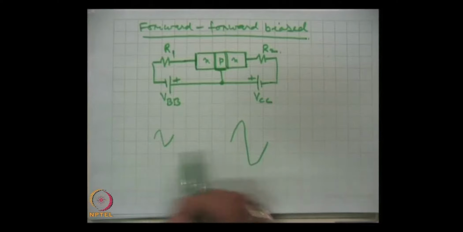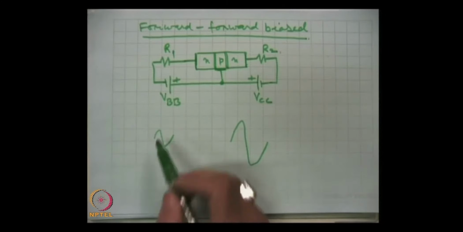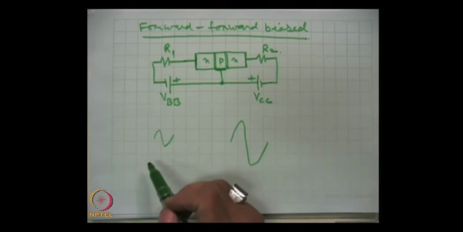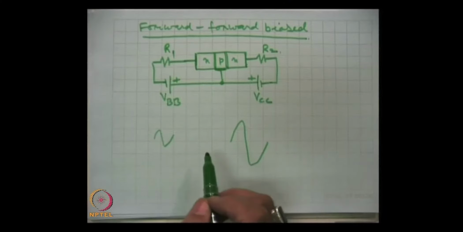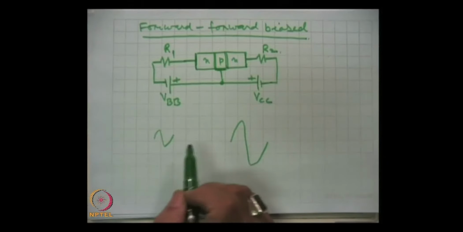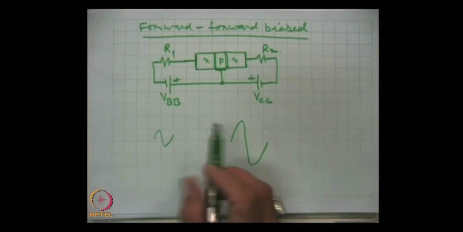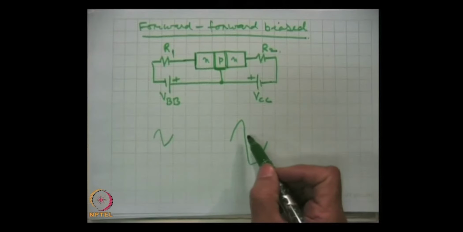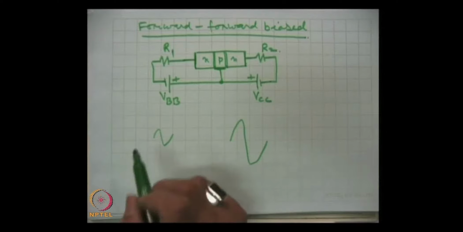This is the meaning of amplification. If we talk of voltage amplification, that is a voltage wave, and if we talk of current amplification, this is the current wave. Now, when will this be possible? When the output current or output voltage varies in accordance with the input current and voltage.